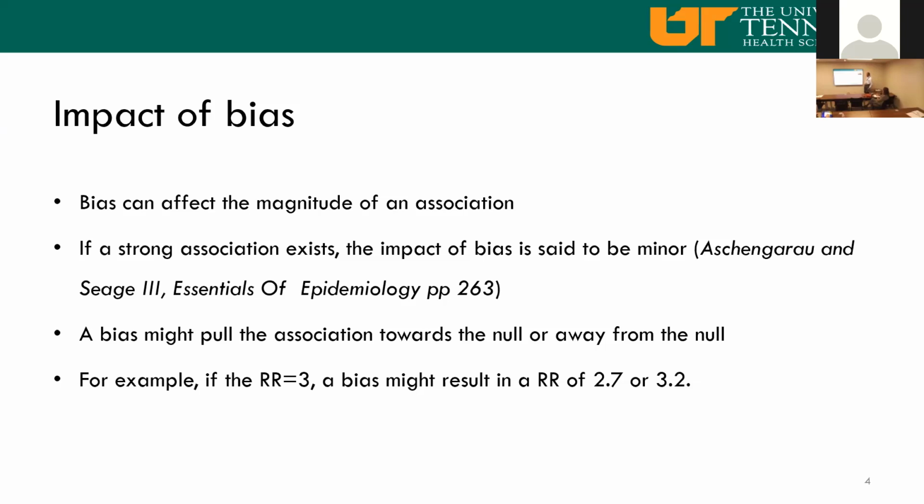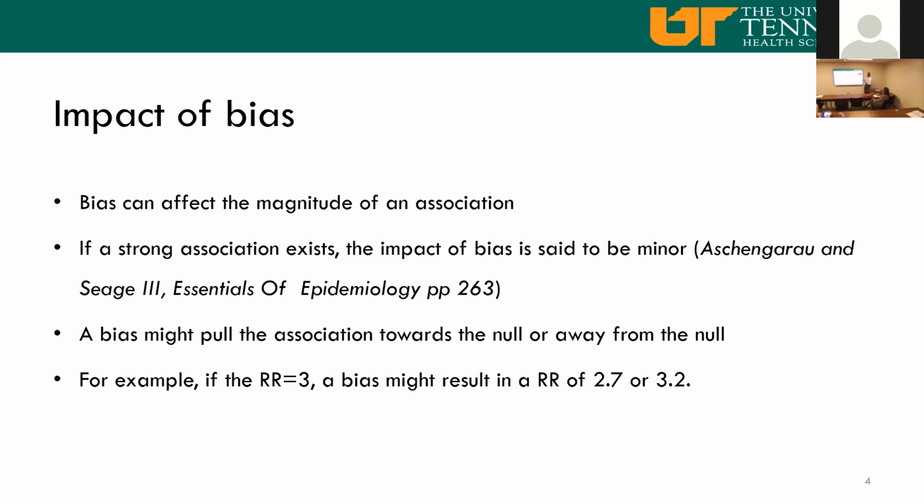or it's less than 1. When it's less than 1, it means as the risk in one increases, the risk in the other decreases, kind of like a protective effect.